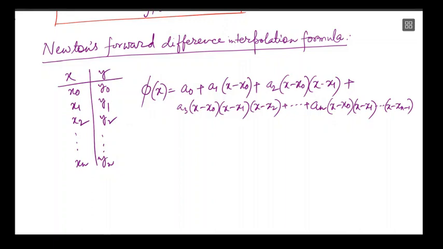And here the points x0, x1, x2 are equally spaced, meaning the differences between x0 and x1, x1 and x2, x2 and x3 are all the same. Suppose that spacing is h, that is x1 equals x0 plus h, x2 equals x1 plus h, in this way xn equals xn minus 1 plus h, and thus we will have xi equals x0 plus ih for i equals 0, 1, 2, up to n.